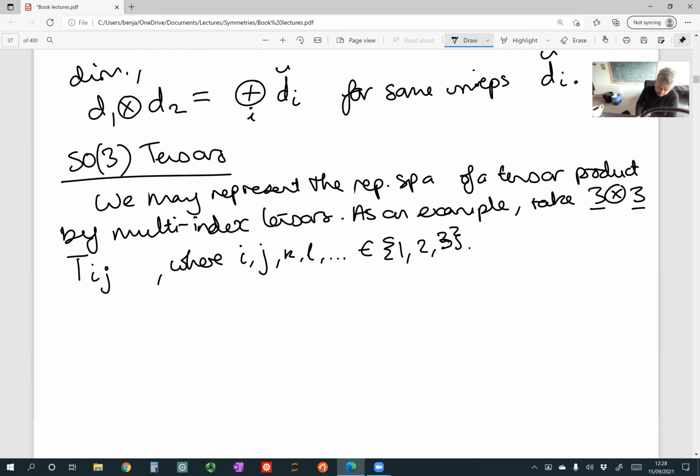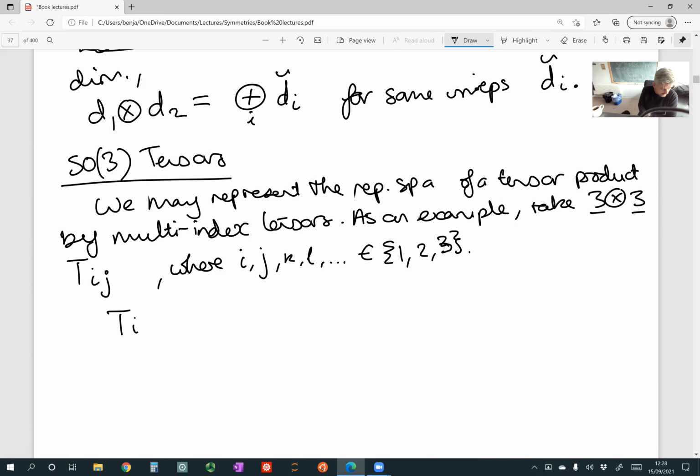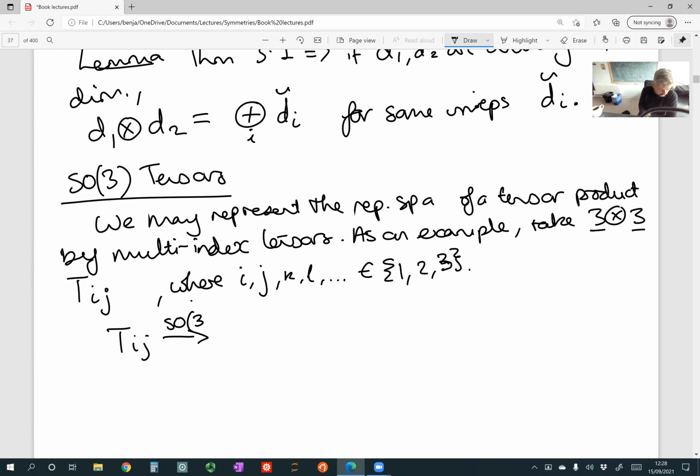So the idea is under an SO(3) transformation, each of these indices transforms with an R factor. So this transforms in the following way.